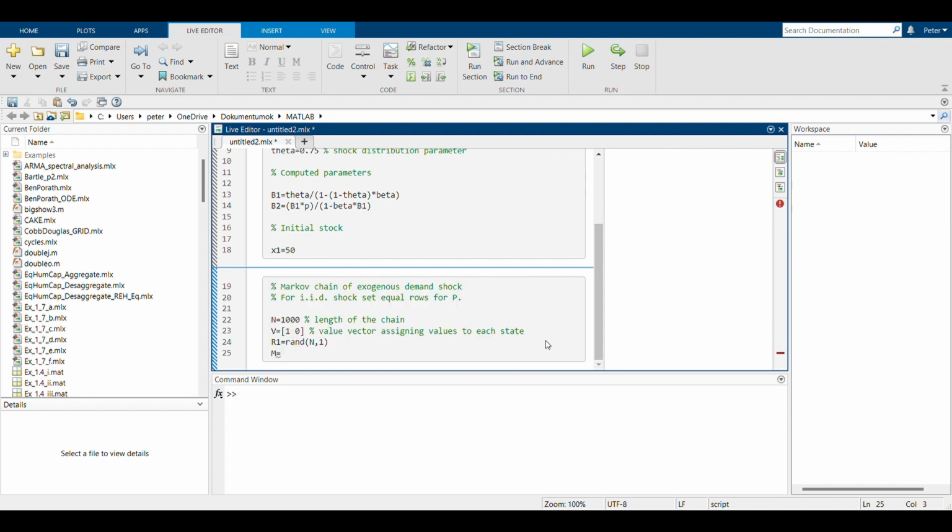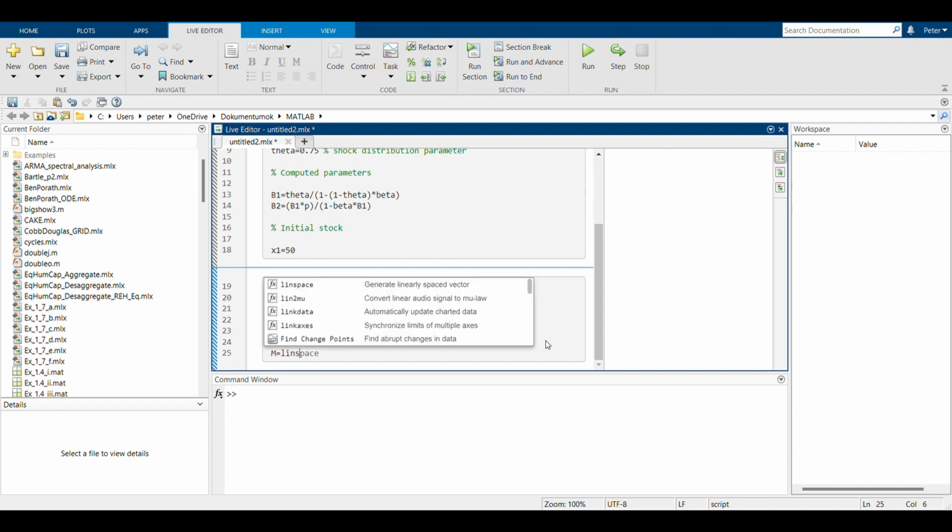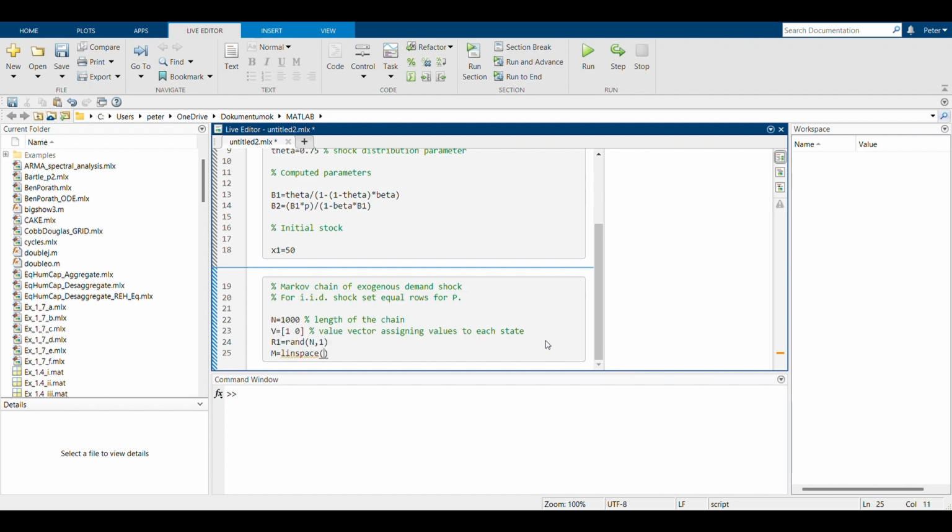Now we need another vector of the same length. This is the initial Markov chain, which we are going to overwrite.